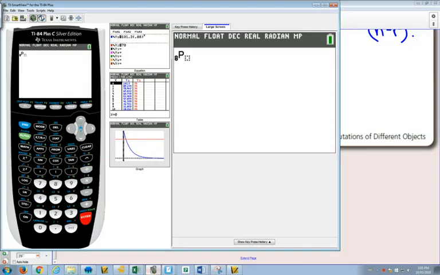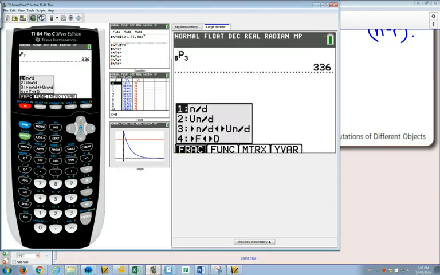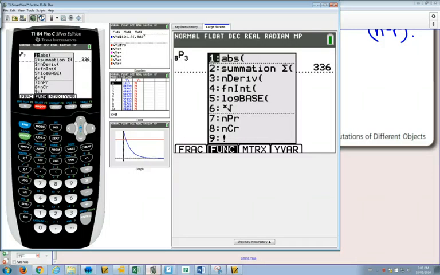And the 8 automatically gets put in, and then you can put 3, and you'll get 336. These buttons can also be found in your shortcuts. So if you go alpha y equals, you can go over to functions, and number 7 has nPr, 8 has nCr, which we'll learn later, and 9 has your factorial button.